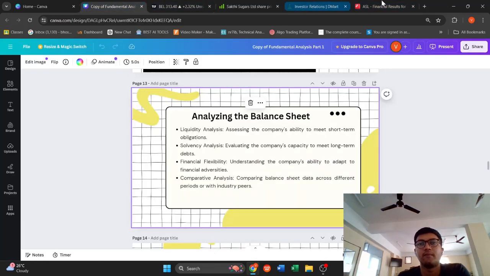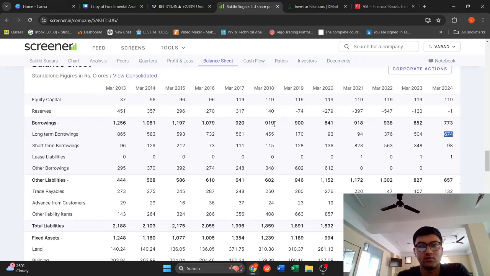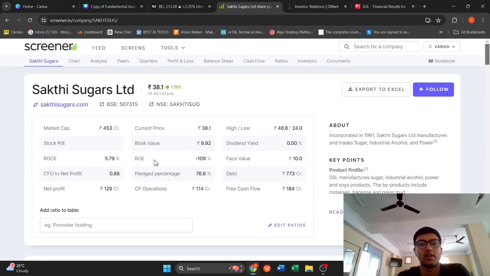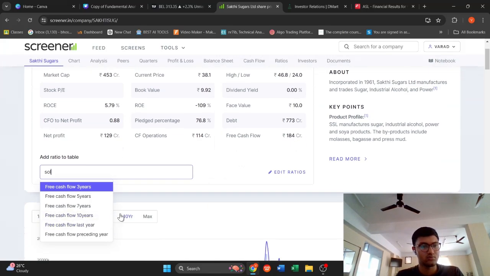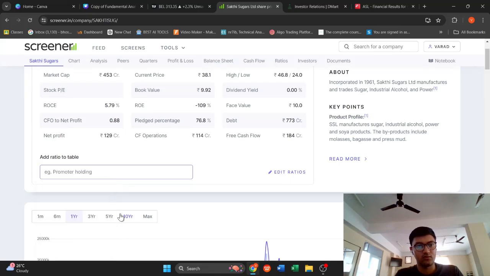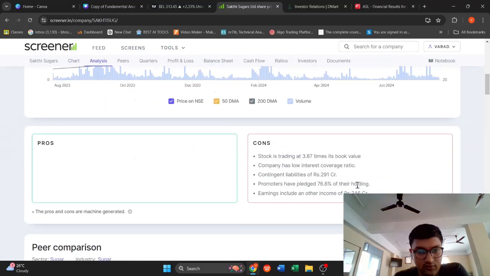Solvency analysis. We'll directly look into the solvency ratio. I think they have not given the solvency ratio in the ratio series, so we'll try to make a solvency ratio.